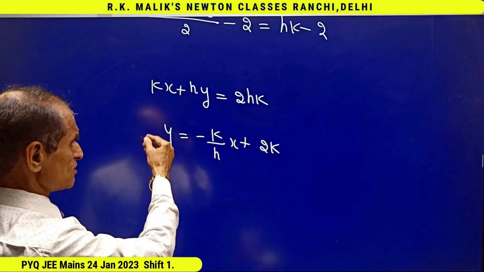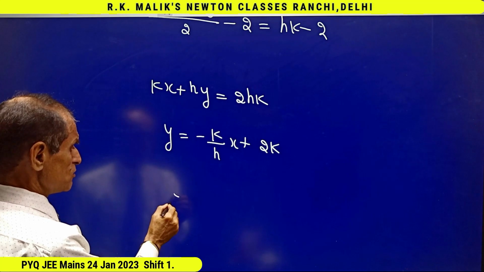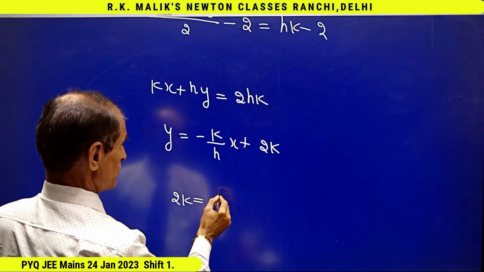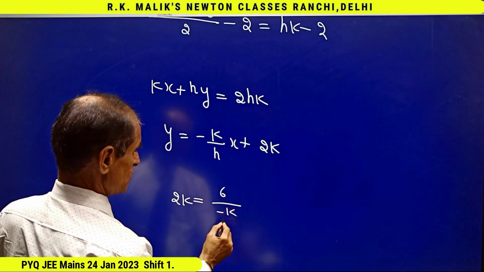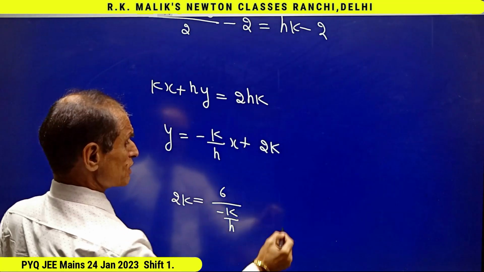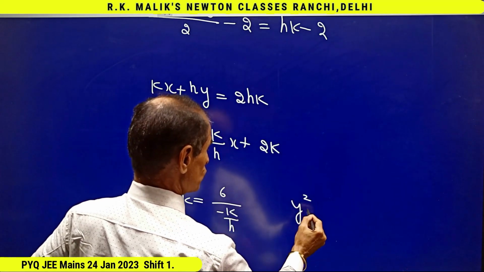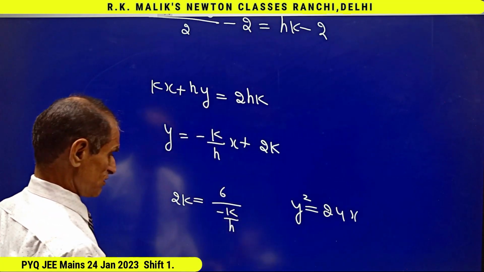And because this is the equation of AB and AB is tangent for the parabola y square equal to 24x, hence this line will be touching the parabola. If using the formula I get 2k equal to a by m. A is 6 and m is minus k by h. Note that we are using the equation of parabola as y square equal to 24x, hence a is 6.